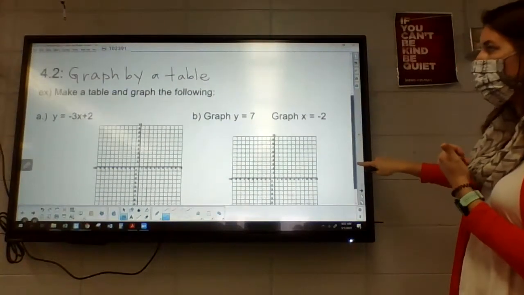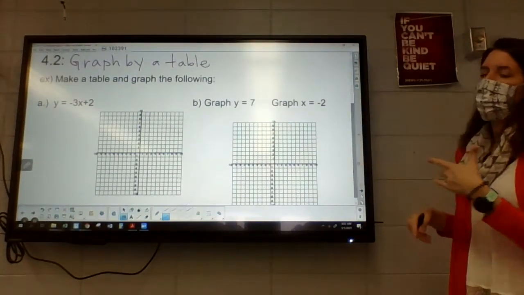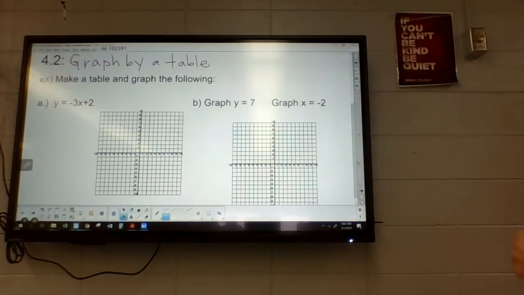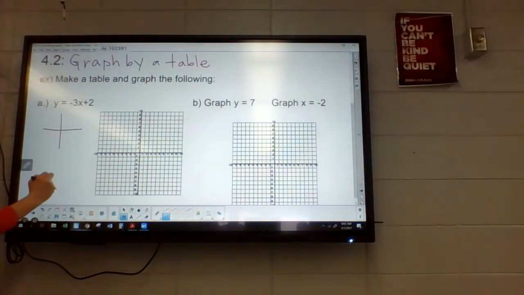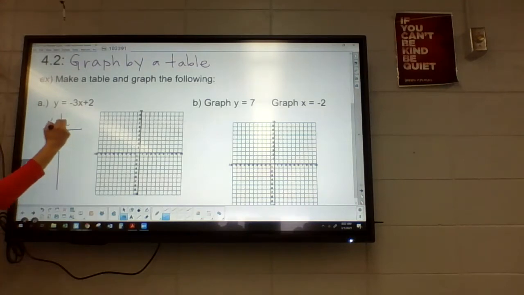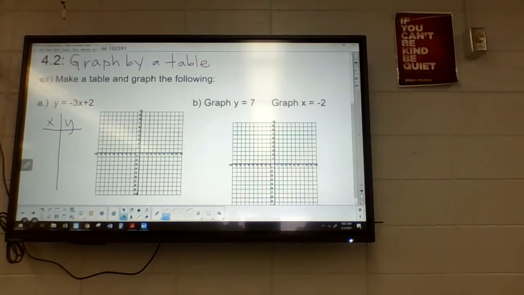That's where we get to pick the x values, and then we substitute those x values in to find the y values. Now, for ease of grading, I'm probably going to give you the x values to use, so that I can quickly see that you got the right y values.